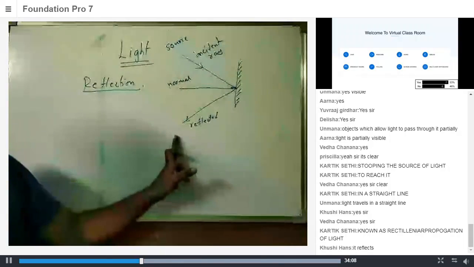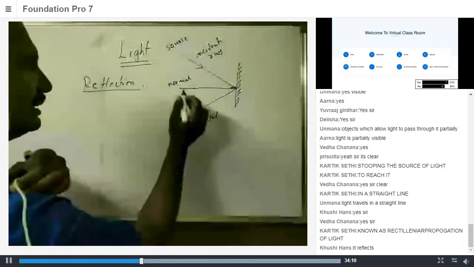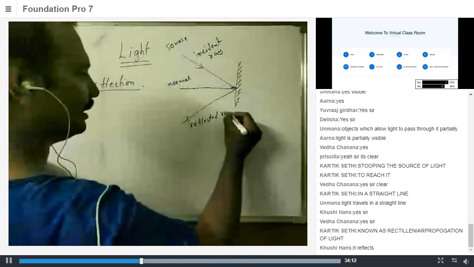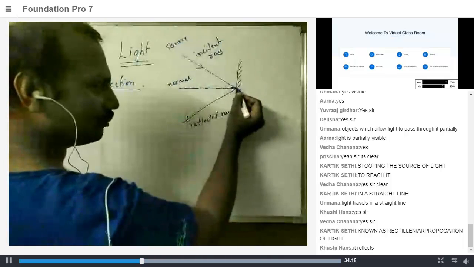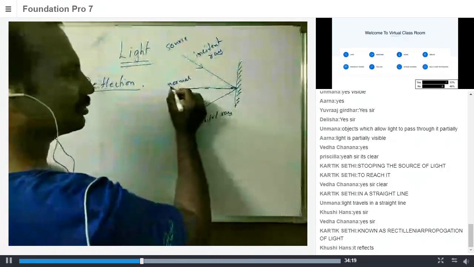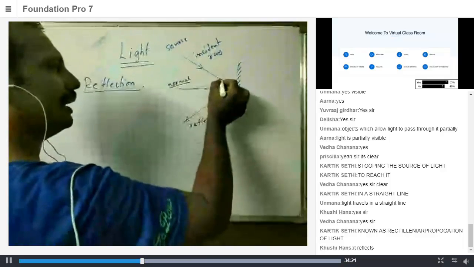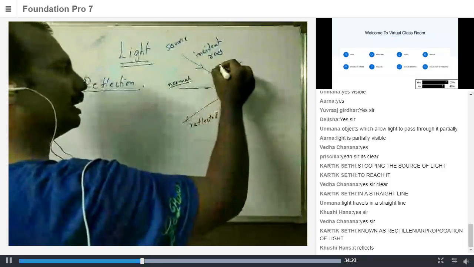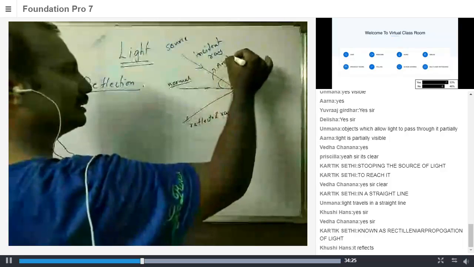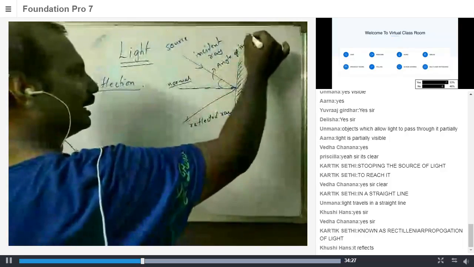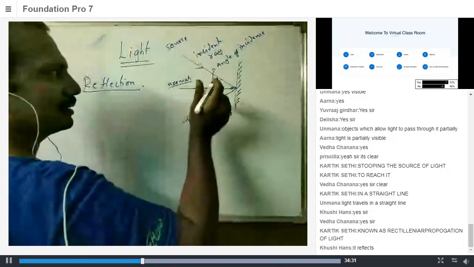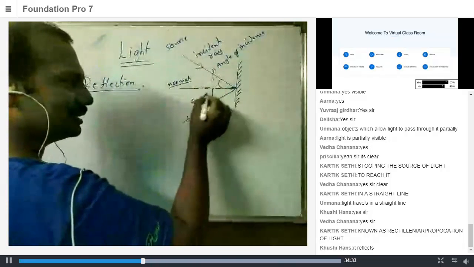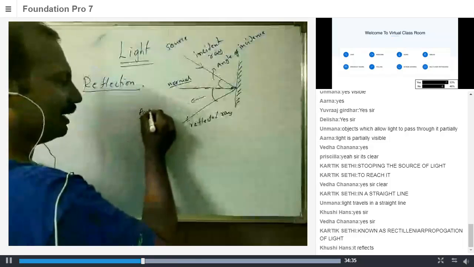This one is called the reflected ray. And this one is an imaginary line which we draw perpendicular to the surface. This is called the normal. This part is called the angle of incidence, and this part is called the angle of reflection.